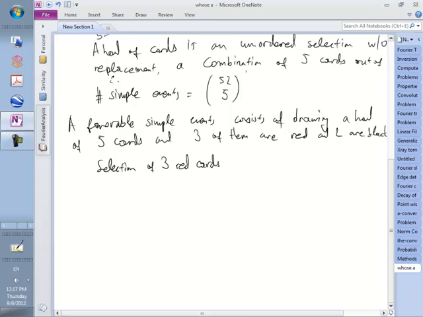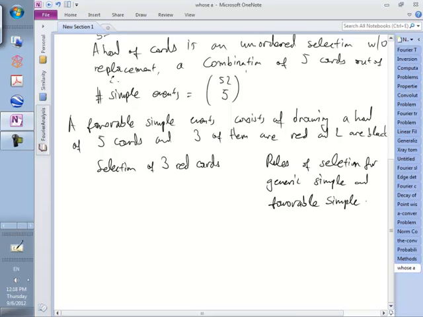That's very important to understand: the rules that apply for the denominator exactly apply for the numerator. The rules of selection for generic simple and favorable simple events must be the same.